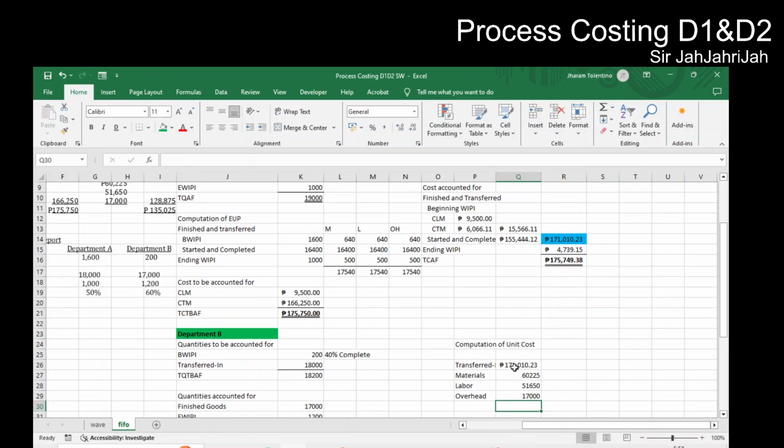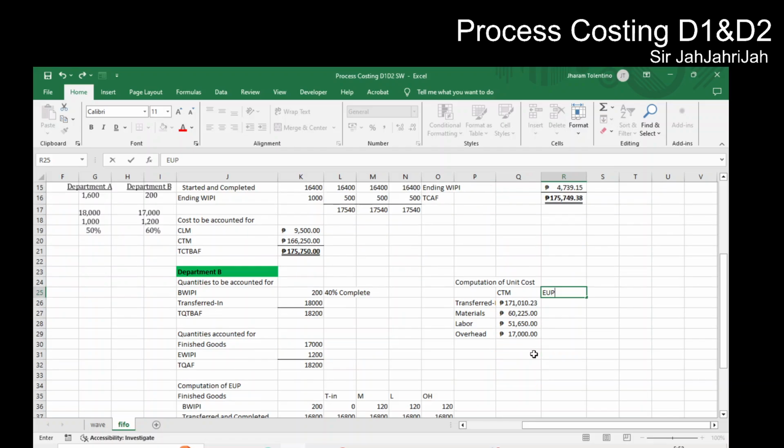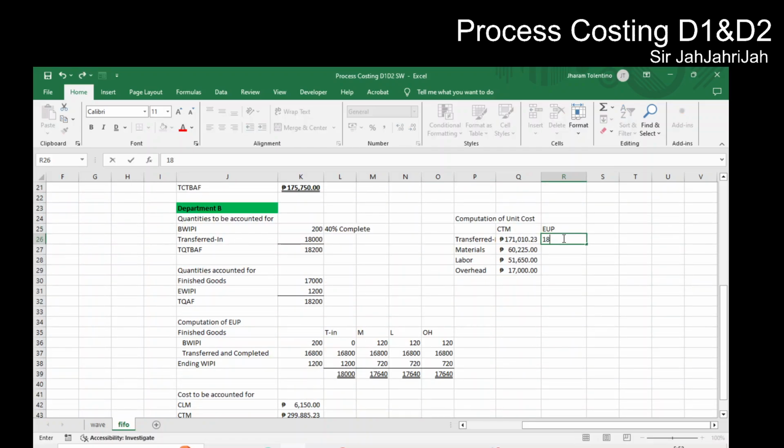Okay, let's have it on the peso sign. And of course, divided by EUP. So the computed EUP are 18,000 and 17,640. And then there you have it, our unit cost. But of course, we're going to round it off, so I'm going to include the computation of rounding for 4 decimal places.